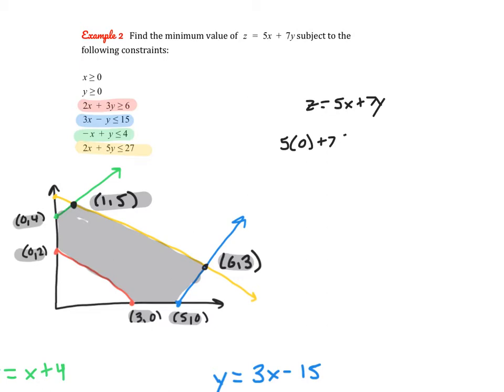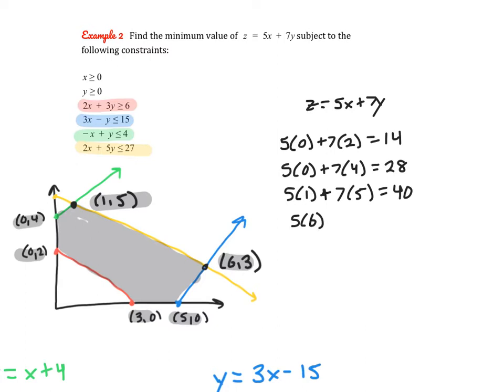So we'll start with (0, 2), and we get 14. And then we can do (0, 4), and we get 28. Let's check (1, 5). And here we would get 40.